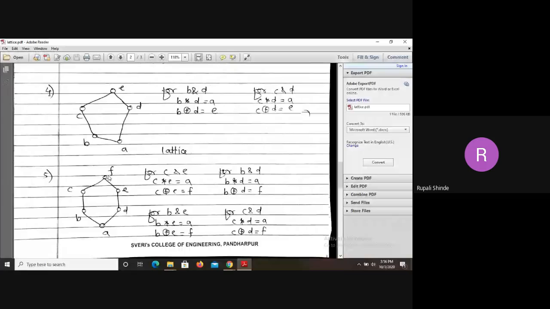One is F. So again here both the elements are present. Then BE.